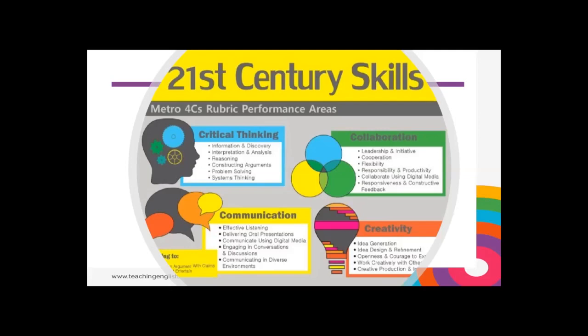By ideas. Okay? By giving them general ideas, by making designs, by making activities for creativity, giving them productions to make. Okay, are they the only 4 skills? We have critical thinking, collaboration, communication, and creativity.